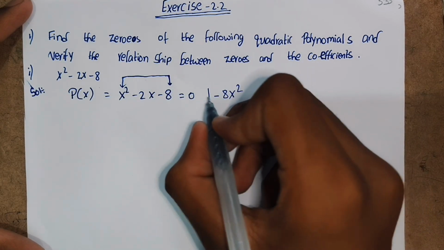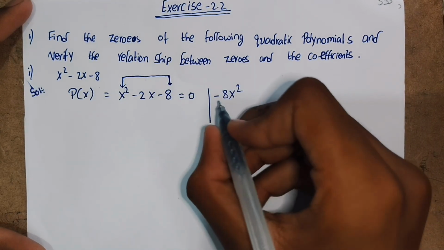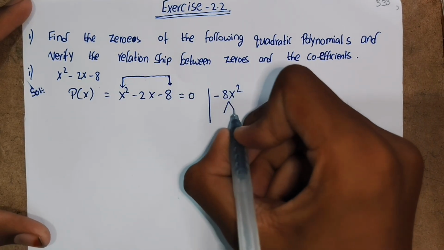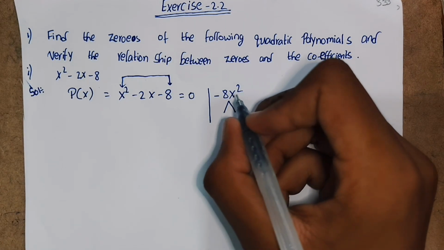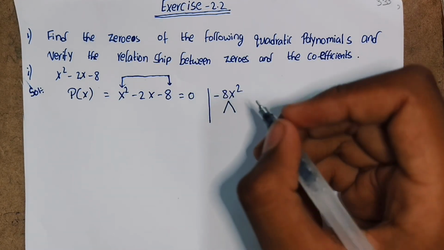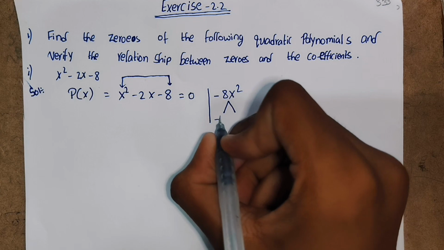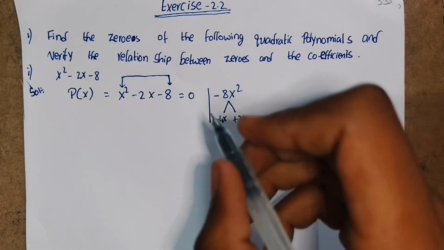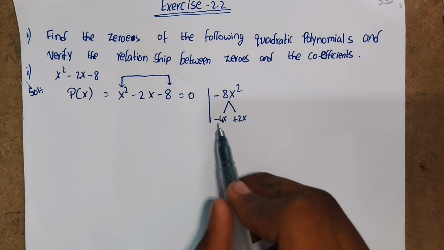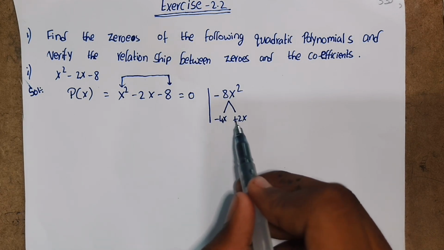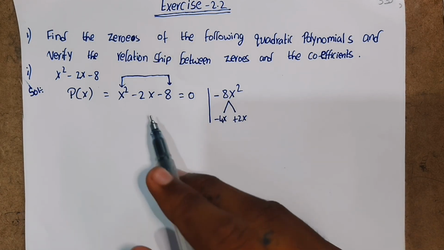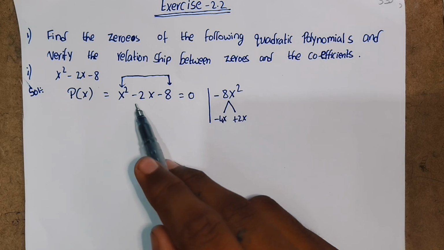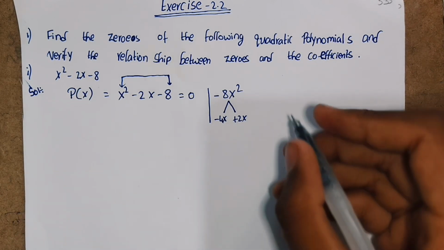Plus into minus, minus 8 into x square, 8x square. The factors of minus 8x square suitable for minus 2x are minus 4x and plus 2x. The sum or difference of minus 4x and plus 2x should give the minus 2x.